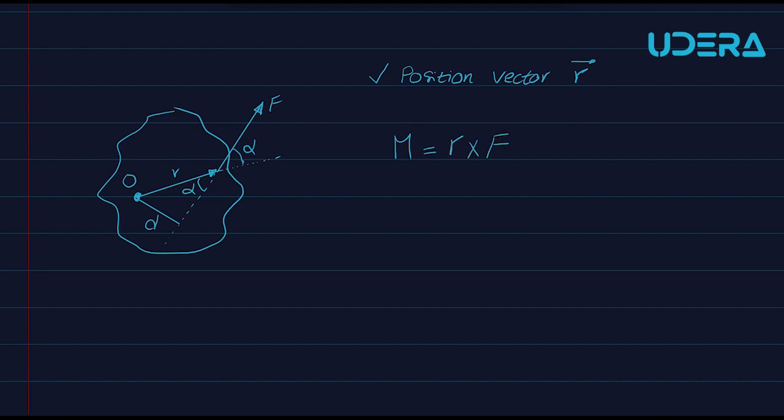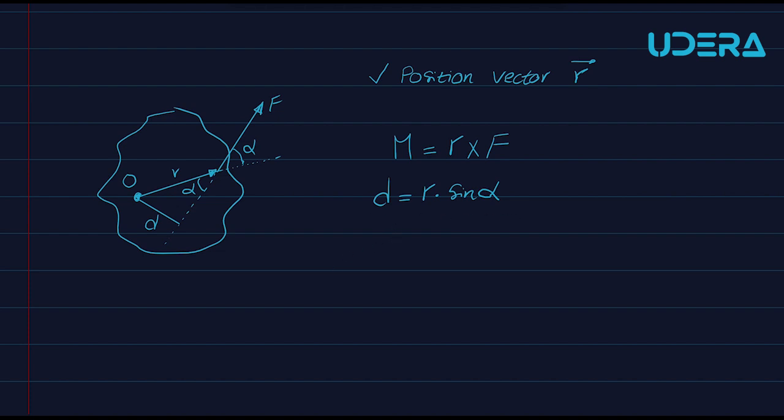Since all of the components of this expression are vector quantities, the order is important. So I cannot write F cross r. The order is very important. But also, I can relate r to d based on geometric calculations, where d is equal to r times the sine of alpha.